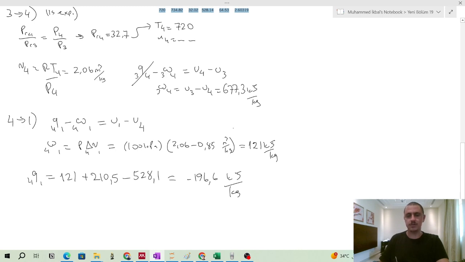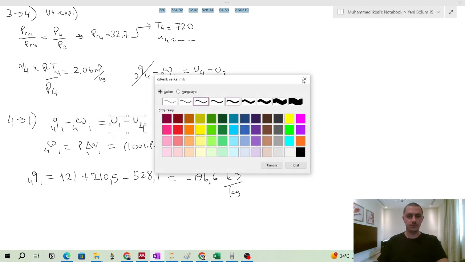Positive work means the system is doing the work. So the system is losing two types of energy. First, the system is expanding and doing the work itself. It's the gas that does the work. So you are losing energy because of the work and because of the release of heat. You have two things combined together, which is why you have a high change of internal energy between the two points.